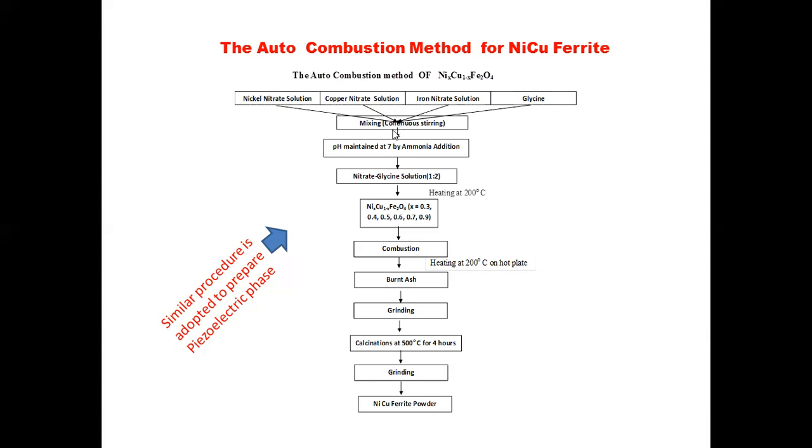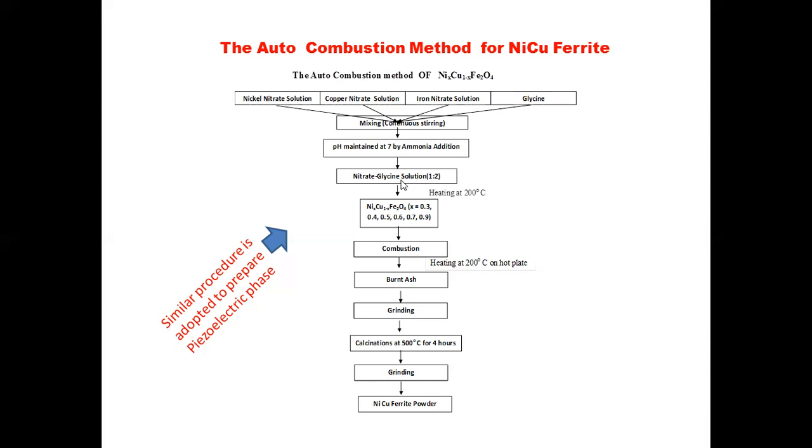So all these things are mixed here, and you have to check the pH at this stage. It should be around 7. If it is not around 7, you can add some ammonia to bring the pH back to 7. And now the nitrate to glycine ratio is 1:2.